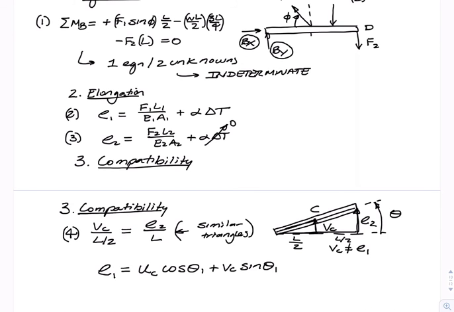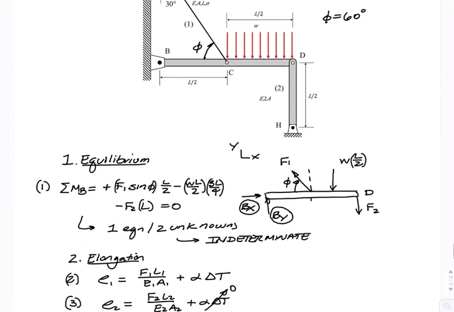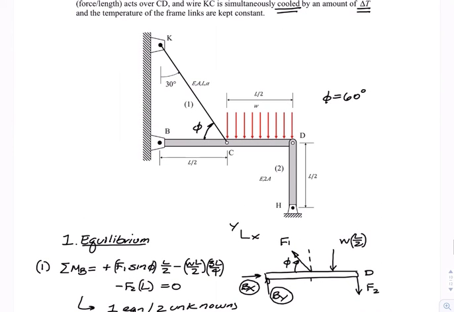Let me go back to the picture. If we look there at member KC, we know that theta 1 is going to be measured from the x-axis back at the base in the counterclockwise sense. So theta 1 in this case is going to be equal to, if this angle is 60, it's going to be 360 minus 60, so that's going to be 300.